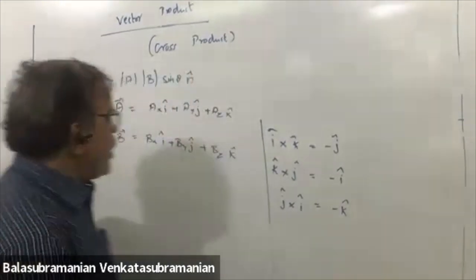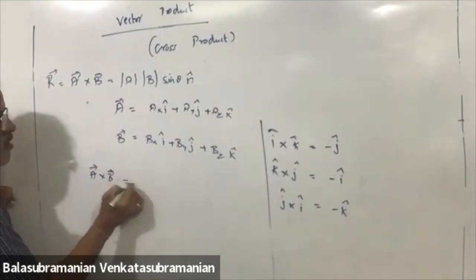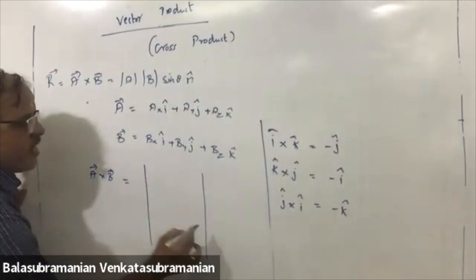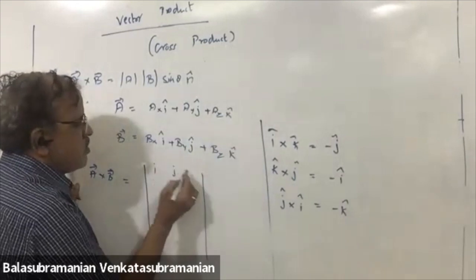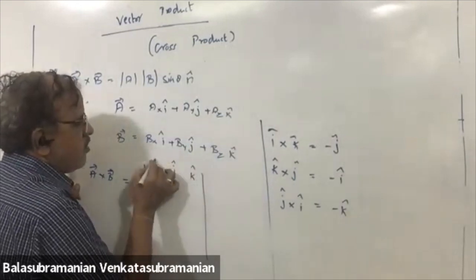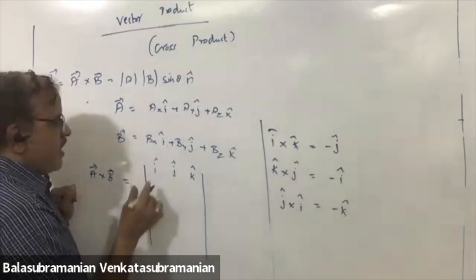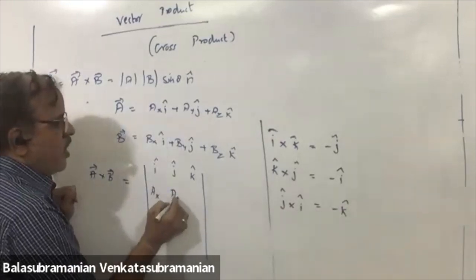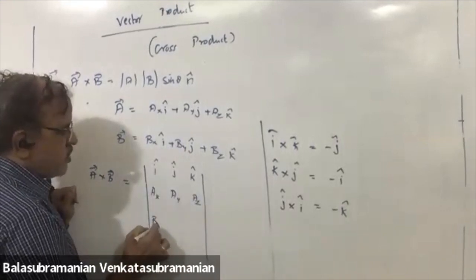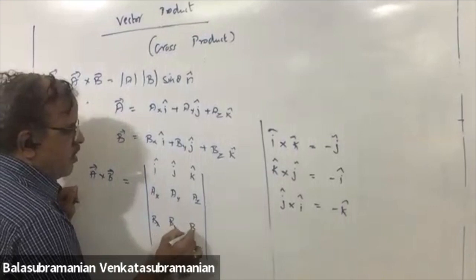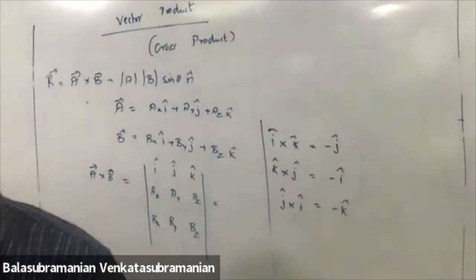I want to calculate A cross B. Write it as a determinant, as you might have come across in maths: i, j, k; AX, AY, AZ; BX, BY, BZ. Now we have to calculate the resultant.